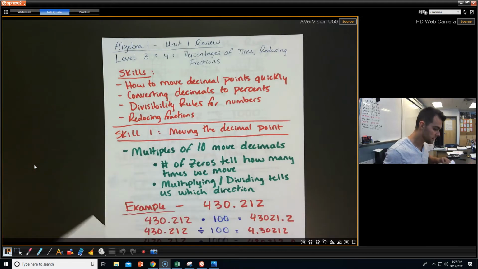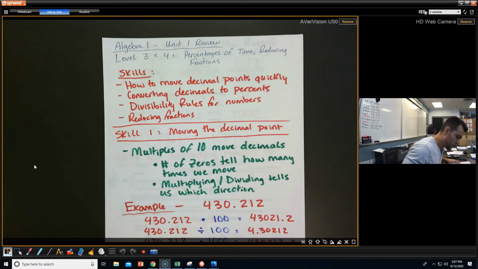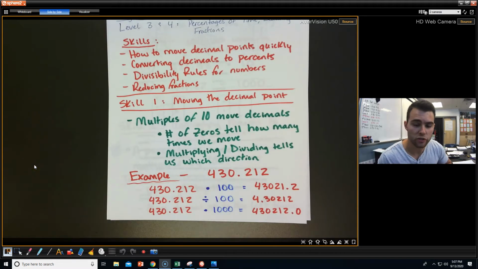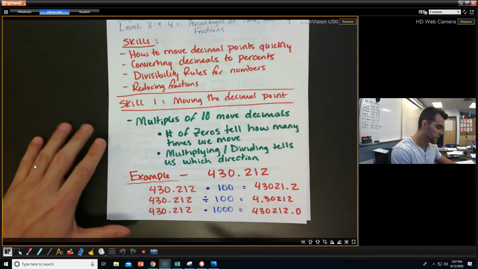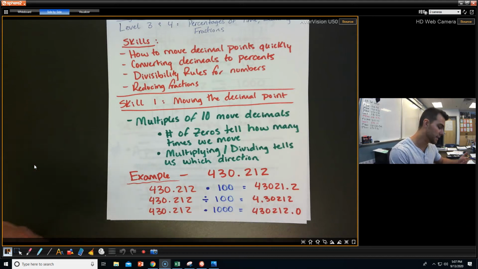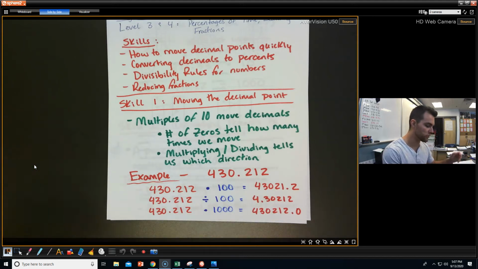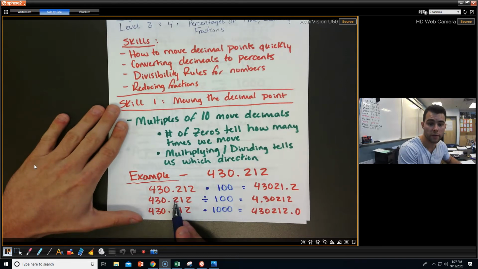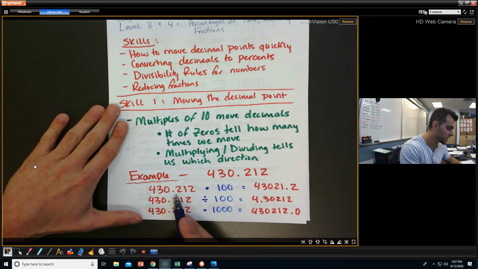If we are looking at this number right here, 430.212, there's a couple things we can do. I'm showing you examples of multiplying by 100 and dividing as well, and what direction the decimal point is going. We're starting with the same number, and for this first instance, we're multiplying by 100.